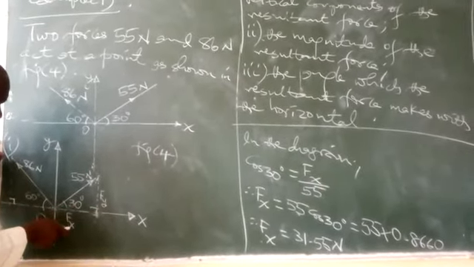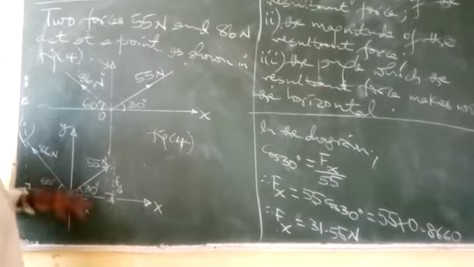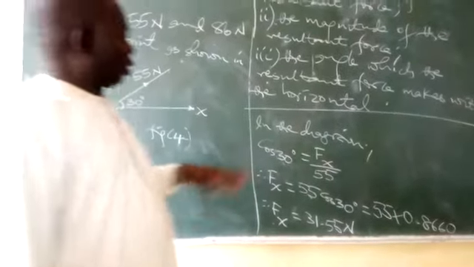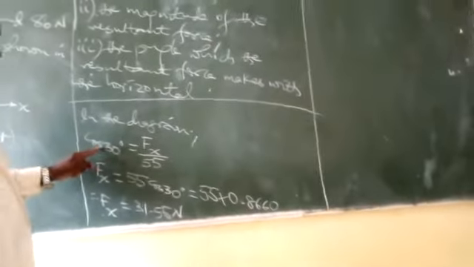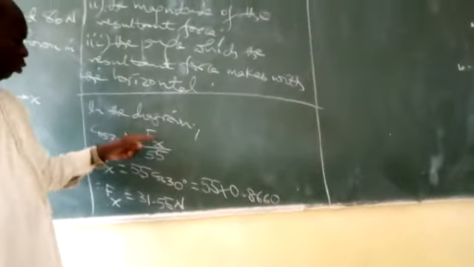So f sub x is the horizontal component of this 55 Newton. Using the trigonometrical ratio, this f sub x is adjacent to this angle 30 degrees, while 55 Newton is the hypotenuse in that right angle triangle. So cos 30 degrees is equal to adjacent over hypotenuse, which is f sub x over 55 Newton.